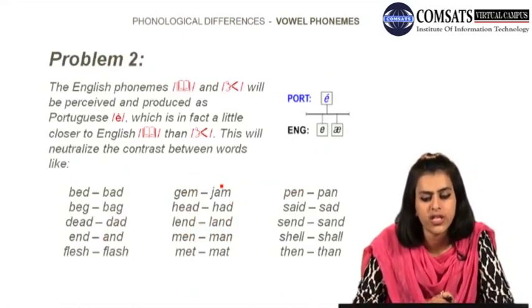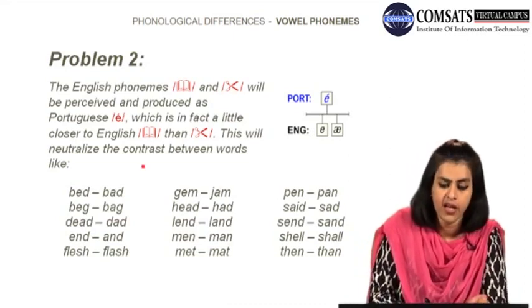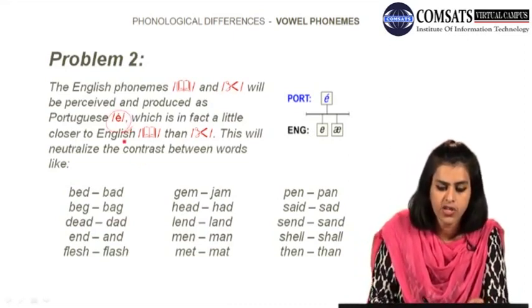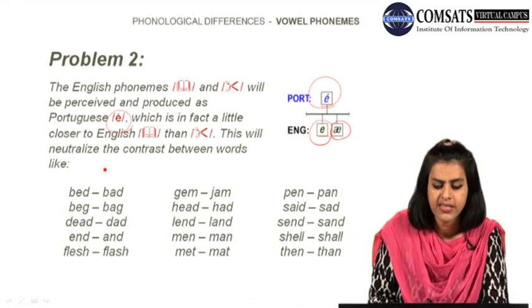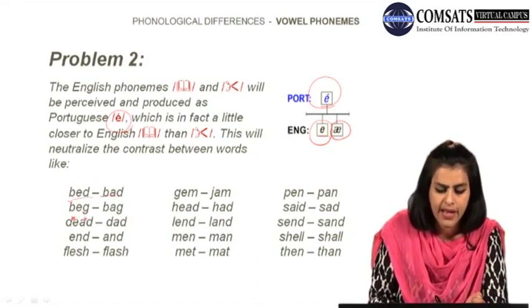The English phoneme can be perceived and produced as E, which is in fact a little closer to English E and A. This will neutralize the contrast between words like bed and bad, beg and bag, dead and dad, end and and, flesh and flash.